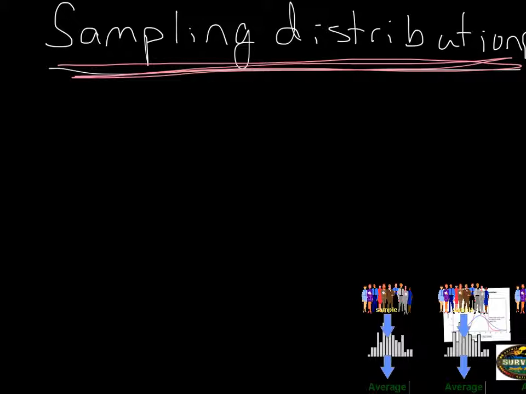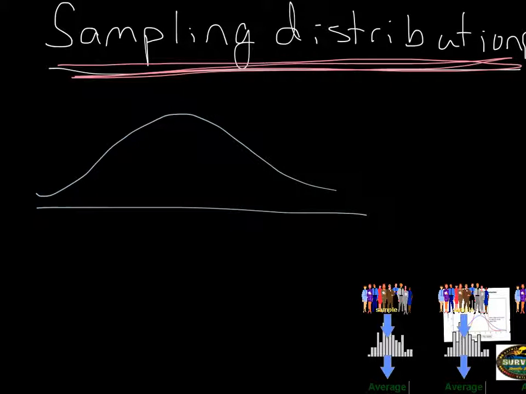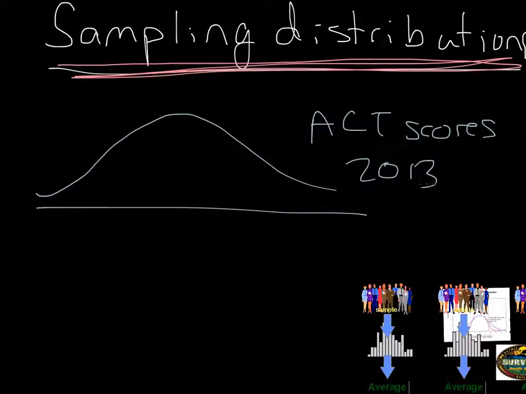The sampling distribution. So far we've learned you've got something called a normal distribution. Let's say this normal distribution is representative of ACT scores from 2013. Hey, that's you, all in there. Then you'll have a mean, let's say it was 20.5, and a standard deviation, let's call it 4.